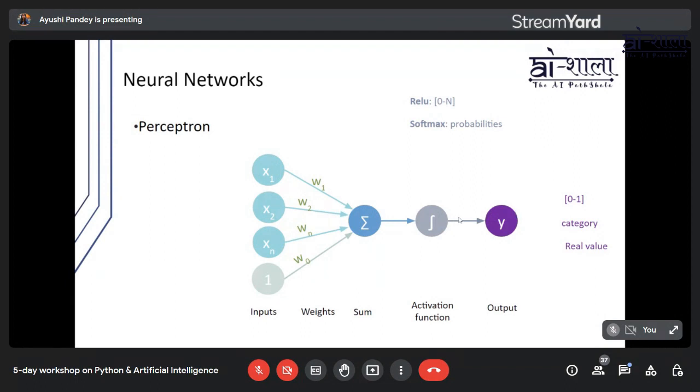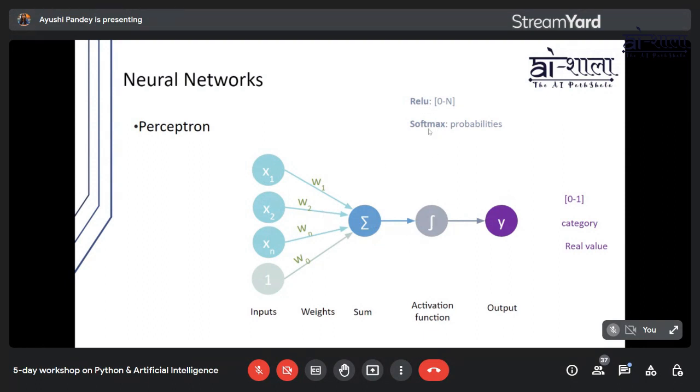So what will happen? The system will say, okay, there was some scenario given, and the output does not match with that scenario. So it will go back, and the weights will get adjusted again, and then the process will continue.